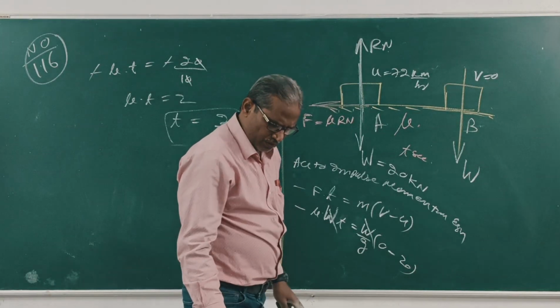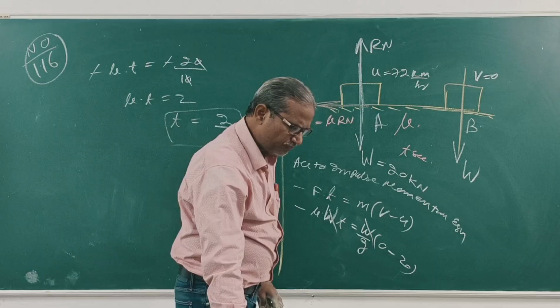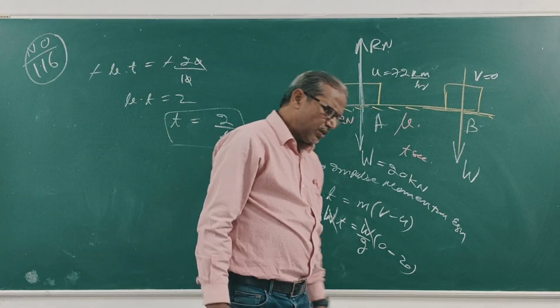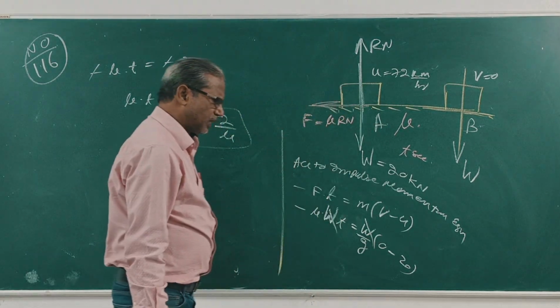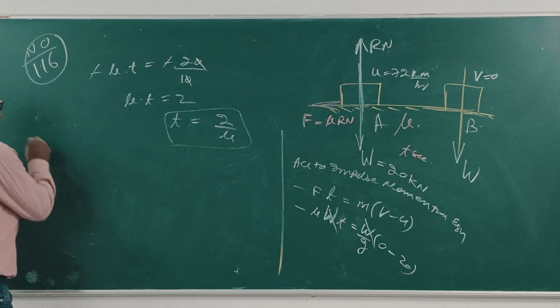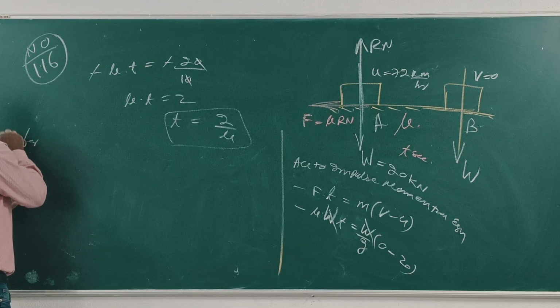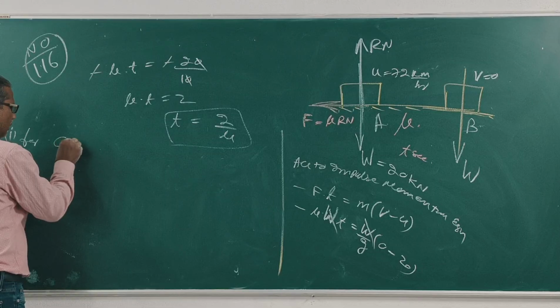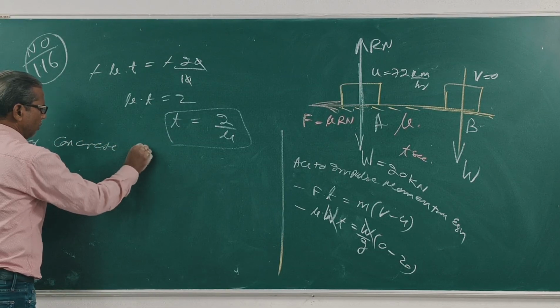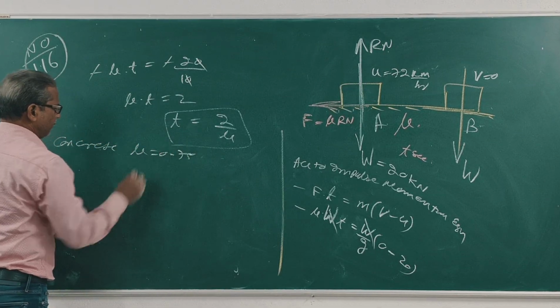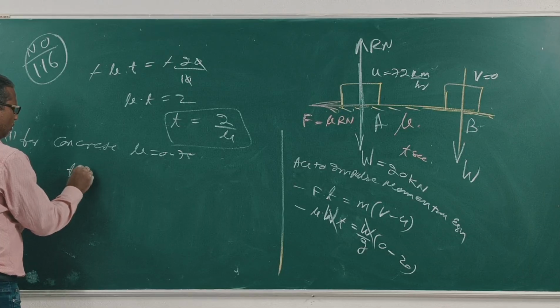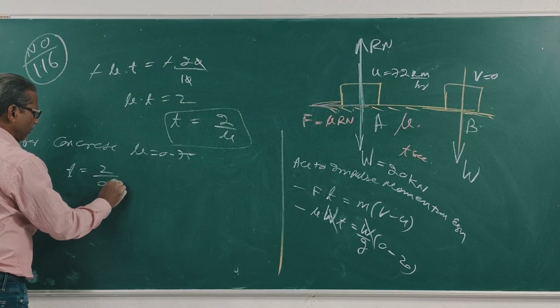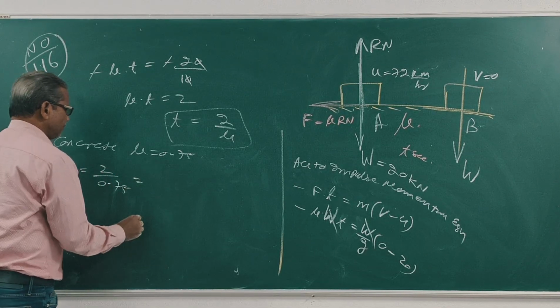Number 1, for concrete, mu is 0.75. So T is equal to 2 by 0.75. Clear?